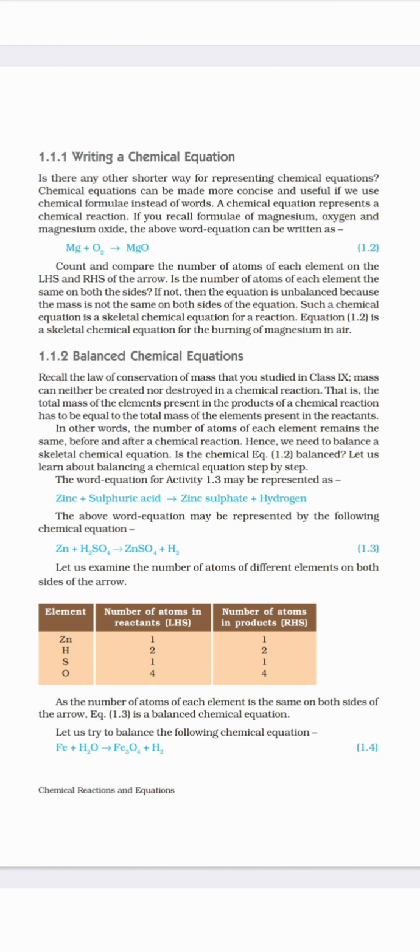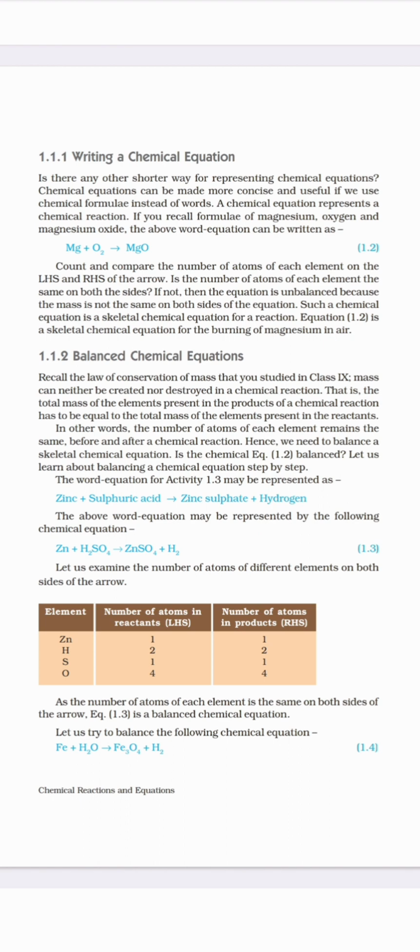If we count the number of atoms of each element, for Mg the total number of atoms on the left is 1, and on the RHS, that is the product side, MgO also has only 1 Mg. Whereas for oxygen, on the left-hand side it is O2, that is 2 atoms of oxygen, whereas in the product it is a single O. That is, we have to balance this equation because the number of atoms on the left-hand side is not equal to the number on the right-hand side. So they are not balanced actually.